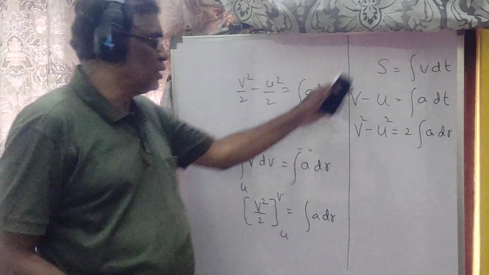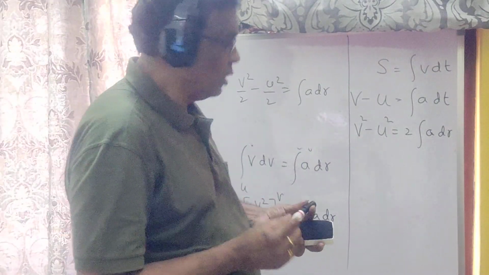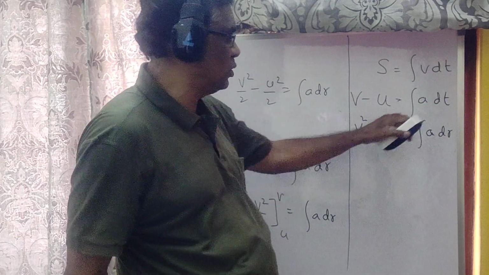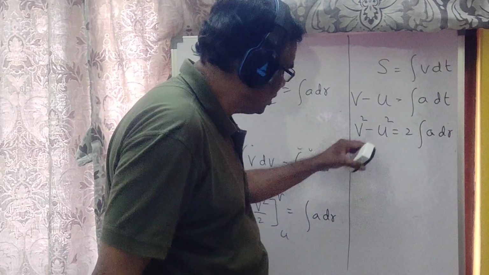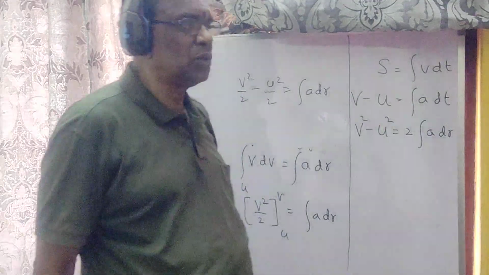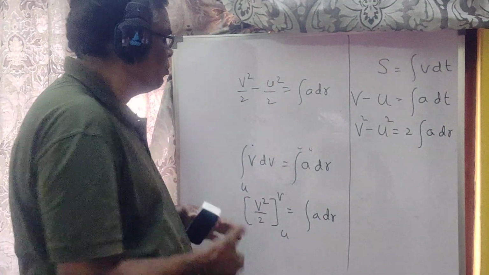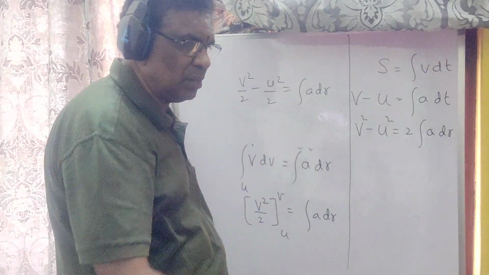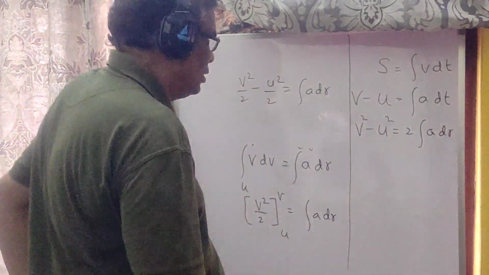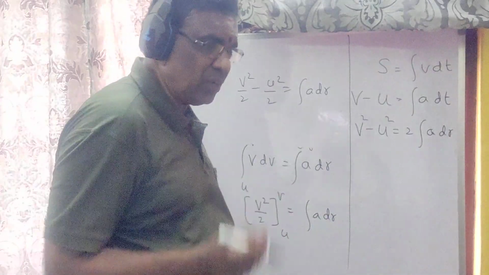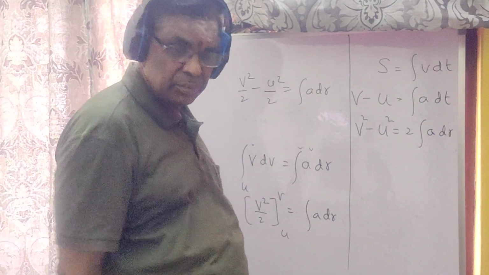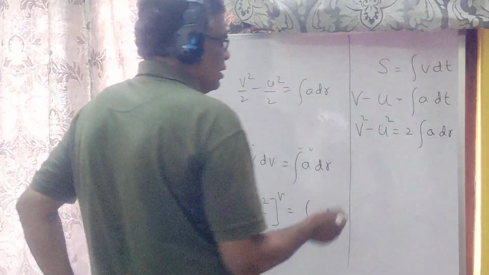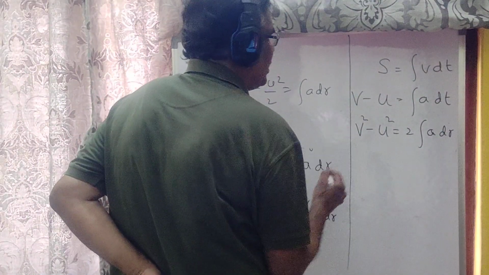Look at these three equations. S is equal to integral v dt, v minus u is equal to integral a dt, v square minus u square is equal to twice integral a dr. Now, these are the three equations that you should always remember, right? How these are different from what you have learned in, say, 9th standard or maybe 8th standard, I will tell you a little later.